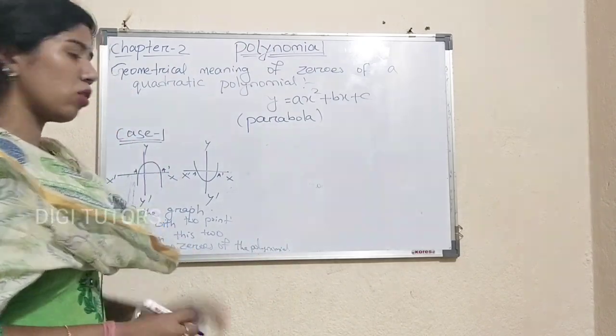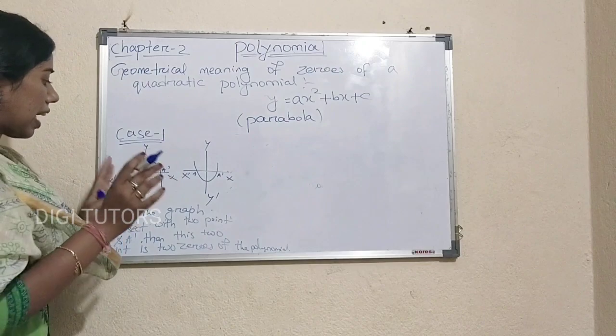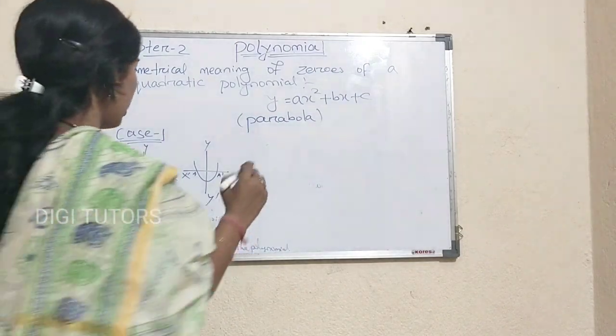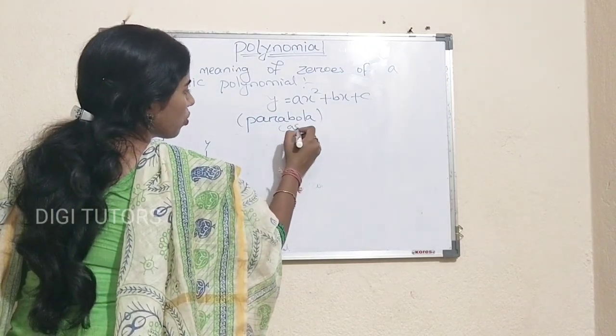So this is case 1, where the graph cuts the x-axis at 2 points. Let's go for case 2.